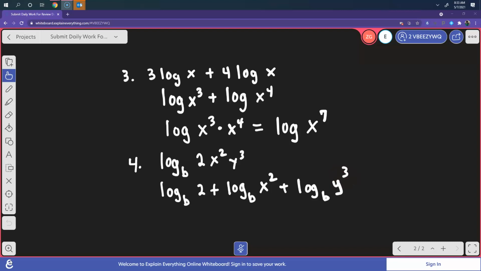And remember, the 2 and the 3 can go in the front as a product of the log. So you have log base b of 2 plus 2 log base b of x plus 3 log base b of y.